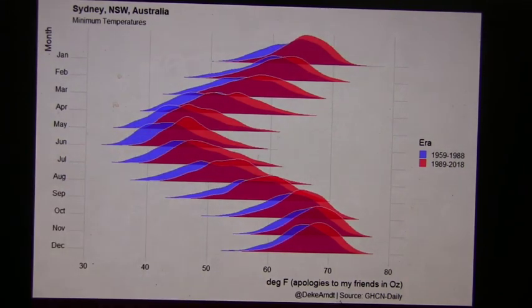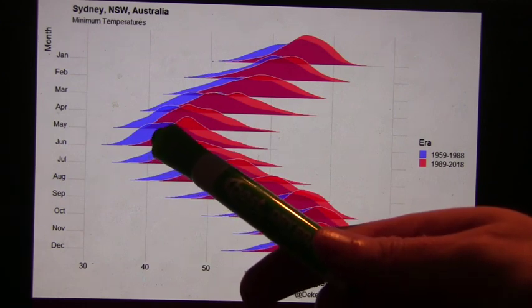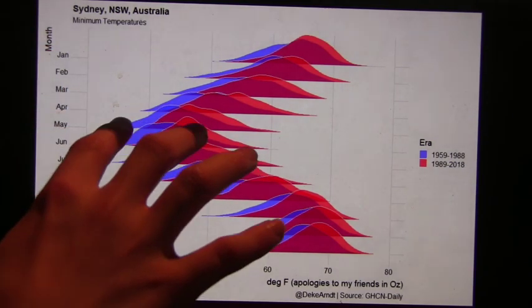Okay. And how about if we stick in that same area and we look at the blue distribution here, so that minimum temperature in Sydney from 1959 to 1988. Well, what can we say there if I pick one of those days at random? What would I expect? Well, it seems like you have a wider range here.